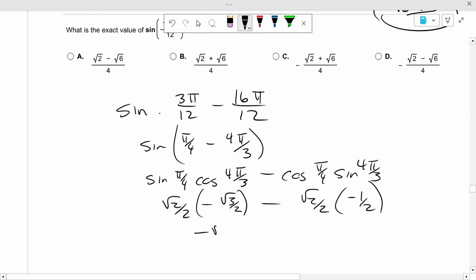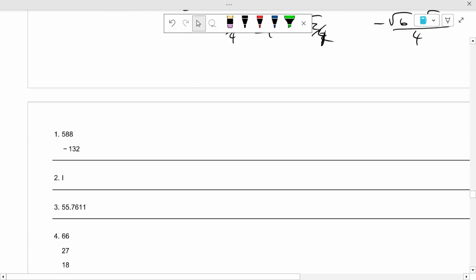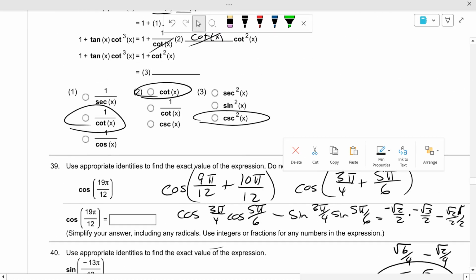So it's negative square root of 6 over 4 minus a negative square root of 2 over 4, which would go plus positive. So it's negative square root of 6 plus square root of 2 all over 4. And that is what you'll see on your test.